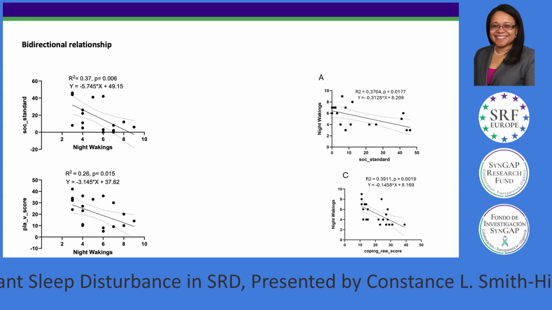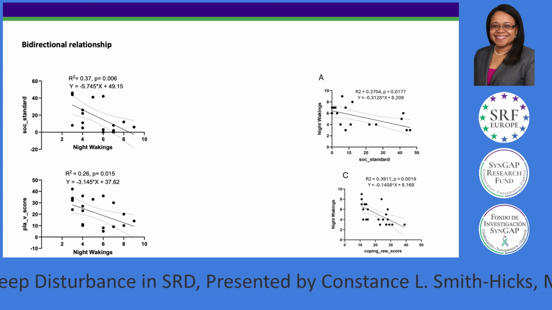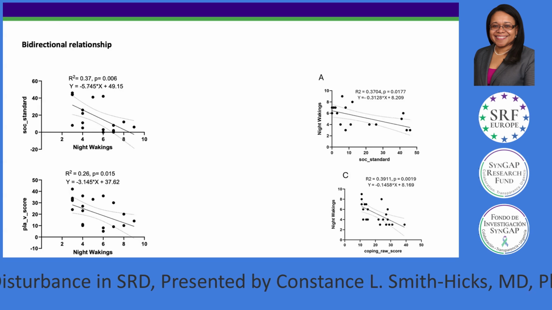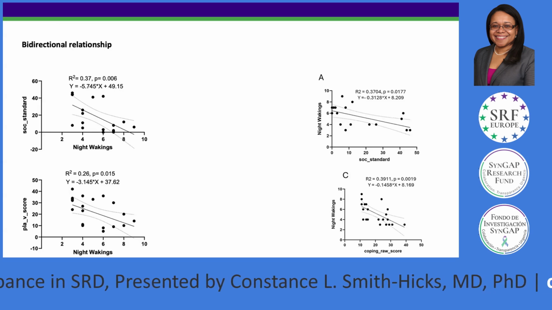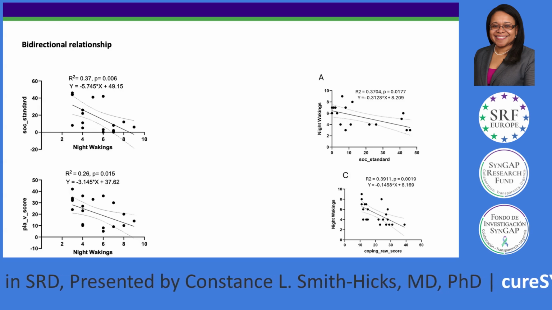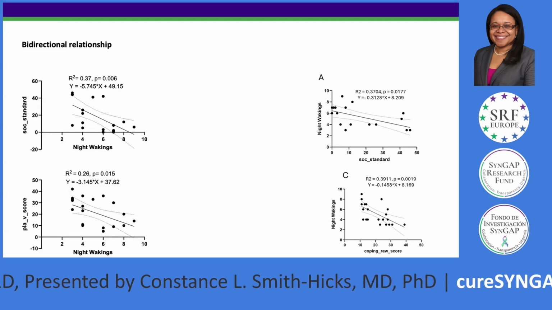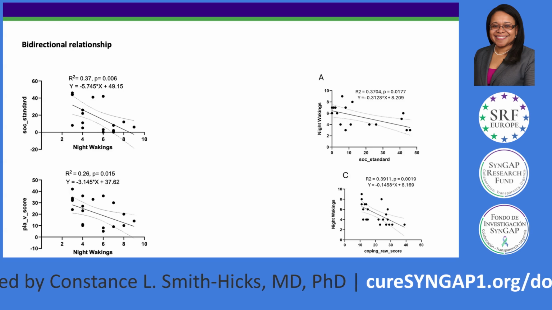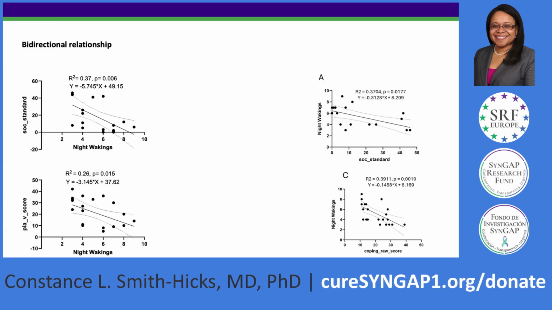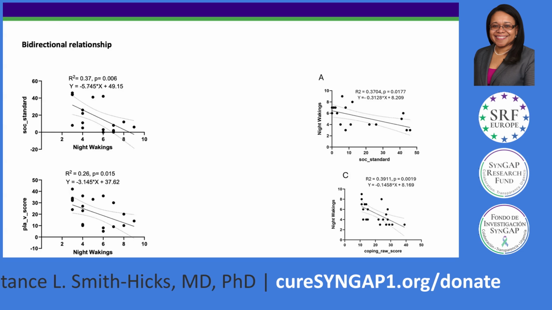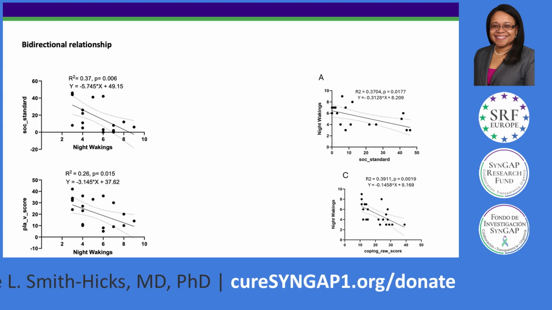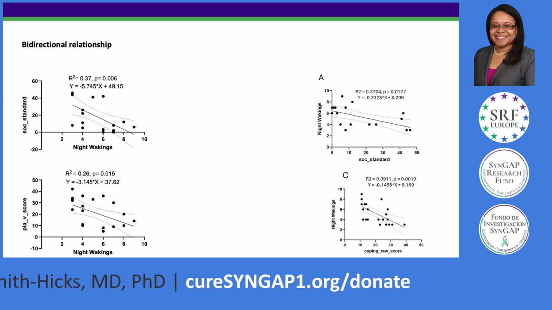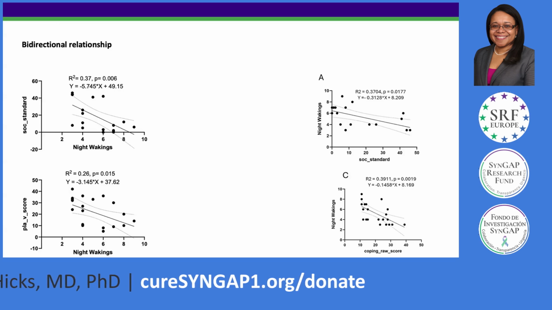When we ask the converse, which is how does social abilities predict sleep, what came out was that higher social functioning is associated with lower sleep scores as it relates to nighttime functioning, and higher scores on the coping.